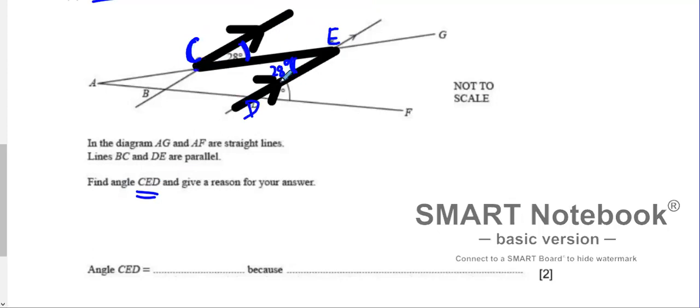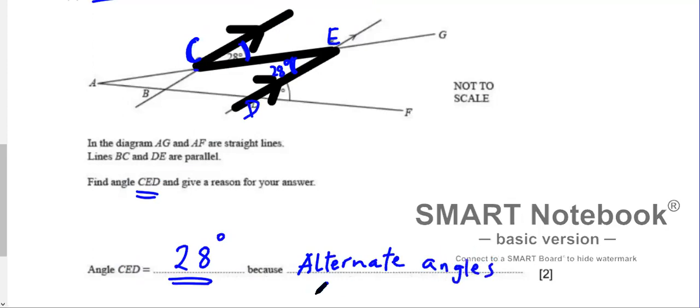CED will be that angle, which will be equal to 28 degrees, because alternate angles are equal.